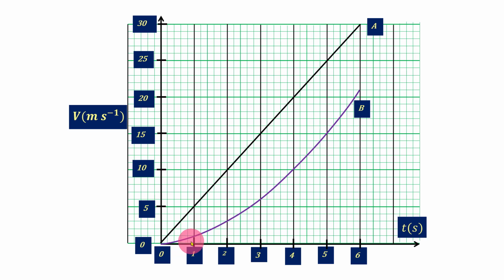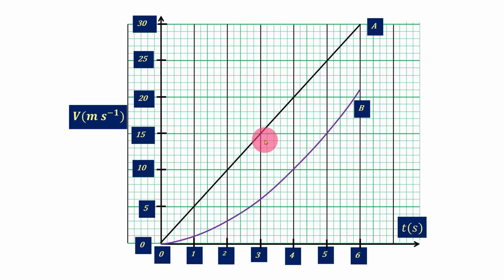It increases by 1, here it increases by 2, here by 3, here by 4, here by 5, and you can see in fact this line is parallel to this one, showing that the increase in velocity is by 5 meters per second. Here it increases by 6 because it increases all the way from 15 meters per second to 21 meters per second. This one is very important to be able to describe the movement of such an object.